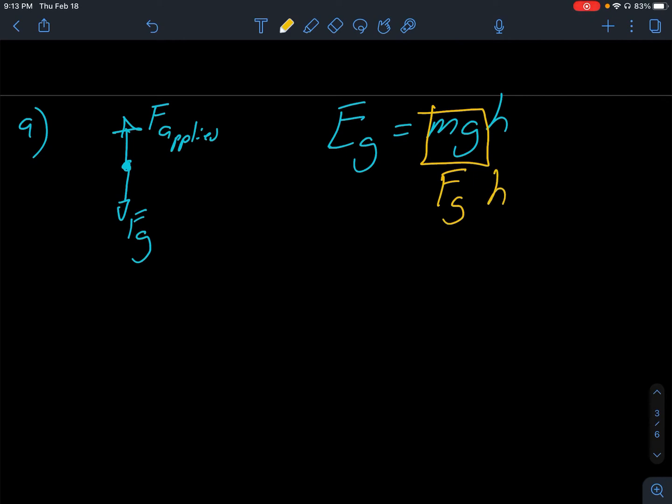Because this part here, this mg, this is our force due to gravity. So if we were to say lift this book up on the shelf and for some reason it slides off and hits us in the nose, it can do work on our nose. It can transfer that force back to us and move our nose a certain distance. It changes its position with the force. So as kinetic energy or work, we can look at that.